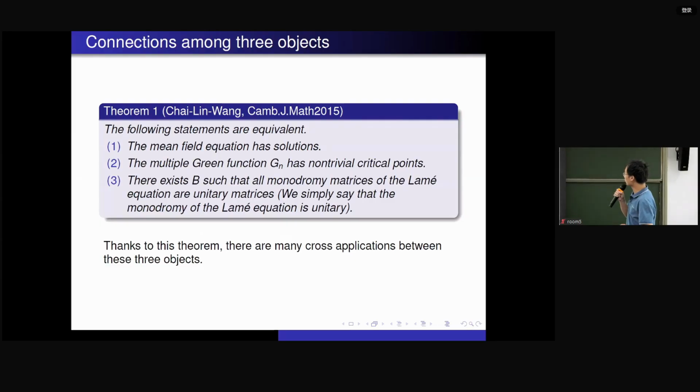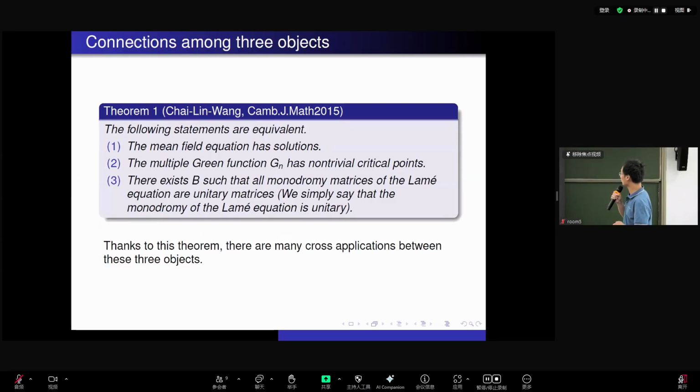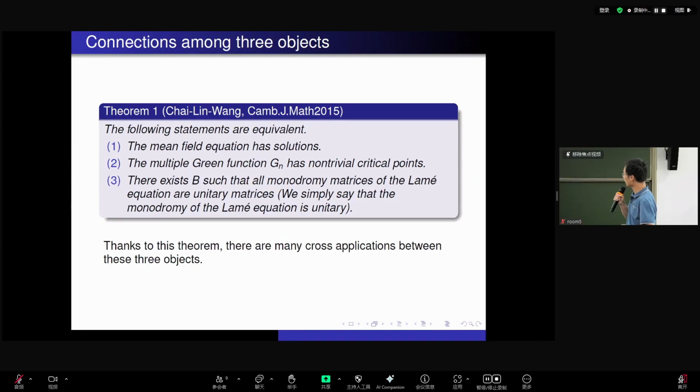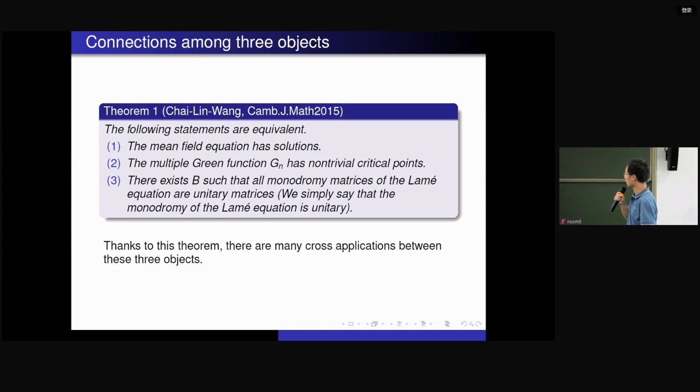The starting point of this talk is this theorem proved by Zhijie Wang in 2015. They say that these three statements are equivalent. The mean field equation has a solution is equivalent to the multiple Green function Gn having non-trivial critical points, and it is also equivalent to the existence of B such that all monodromy matrices of the Lamé equation are unitary matrices.